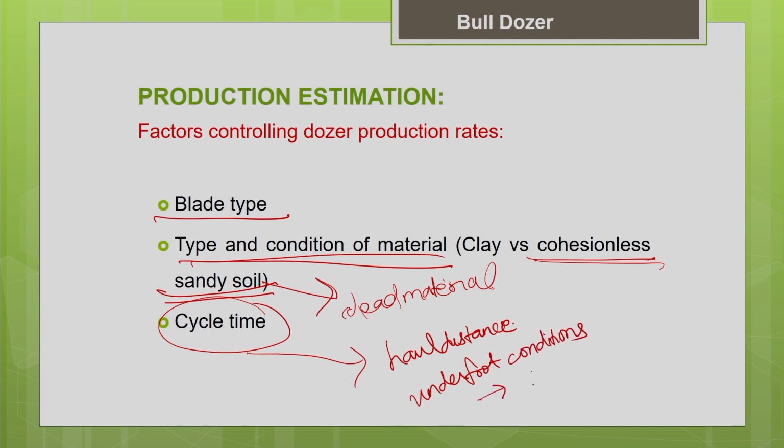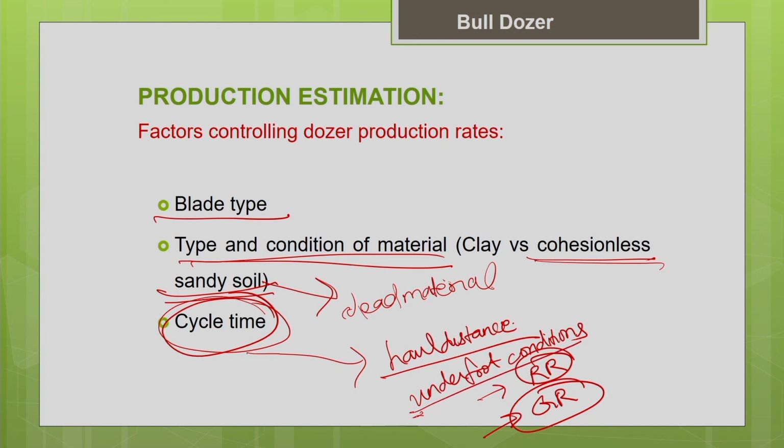What are the rolling resistance and grade resistance prevailing there, whether you are going to move up the slope or down the slope, all these things affect the cycle time. The haul distance, the site underfoot conditions, and the resistances the vehicle encounters will all affect the speed of the machine, and that is going to affect your cycle time.